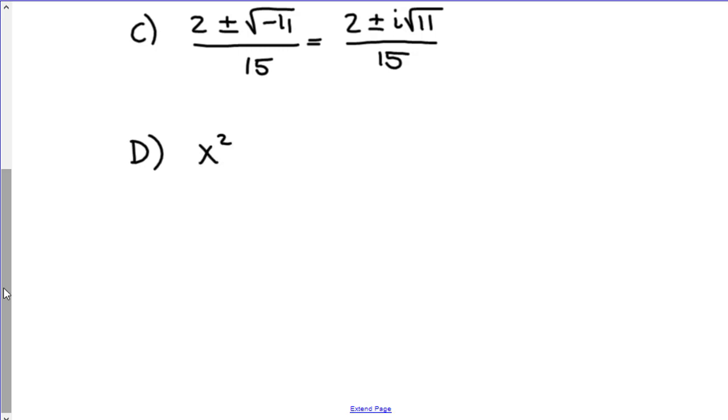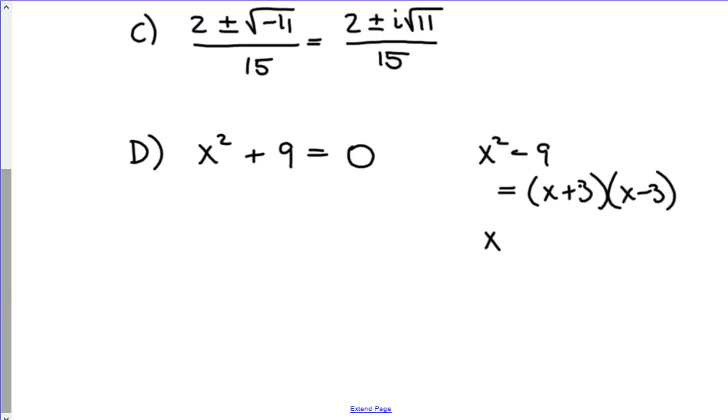Or let's say we're solving this equation. Now, up to this point, we've said that we have the difference of squares, which might look like x squared minus 9, which we could factor into x plus 3 times x minus 3.